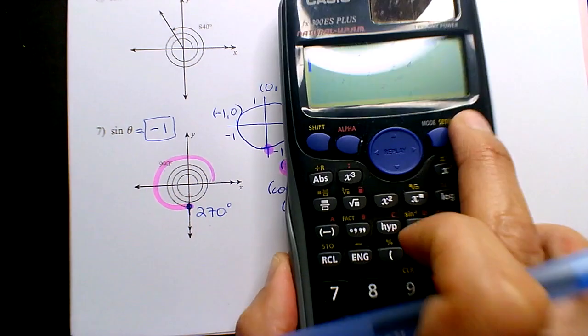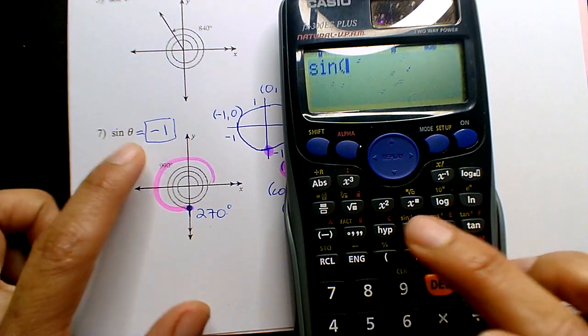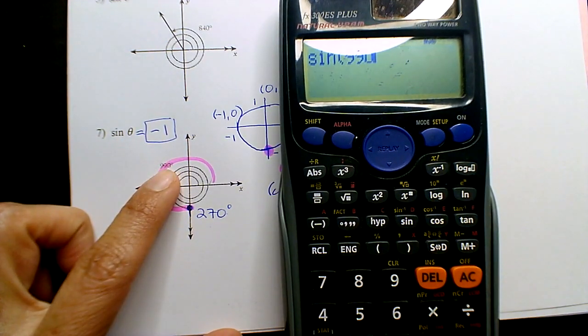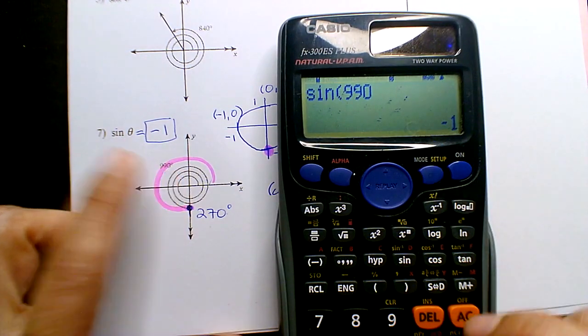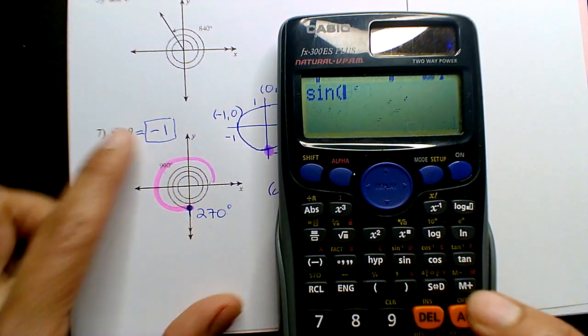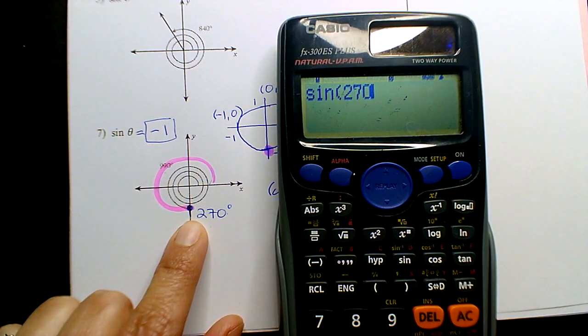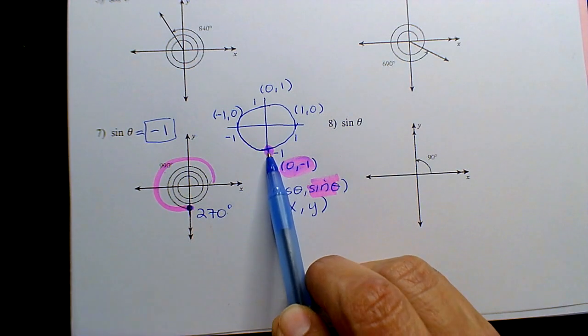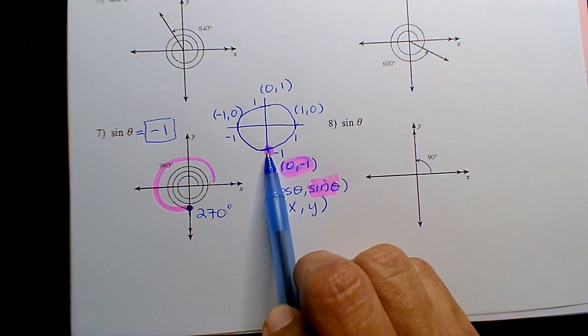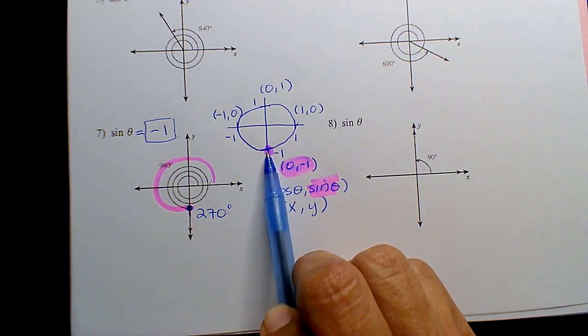Okay, so look. Sine of 990 degrees is negative 1, but that's 3 spins. Sine of this first spin is 270, and it's still negative 1, because it lands here at 270 degrees. 270 degrees is a quadrantal angle.